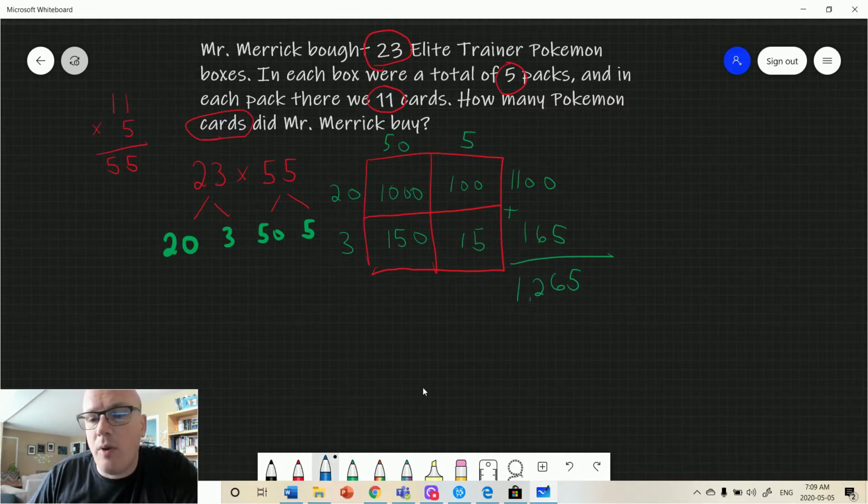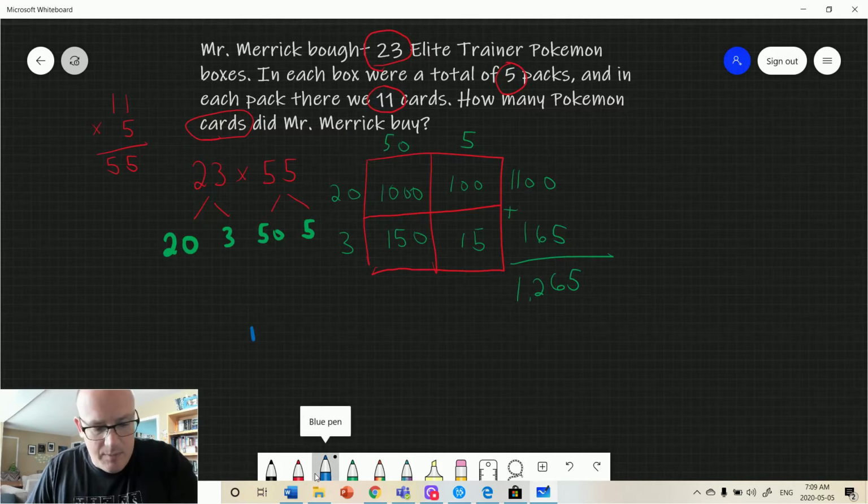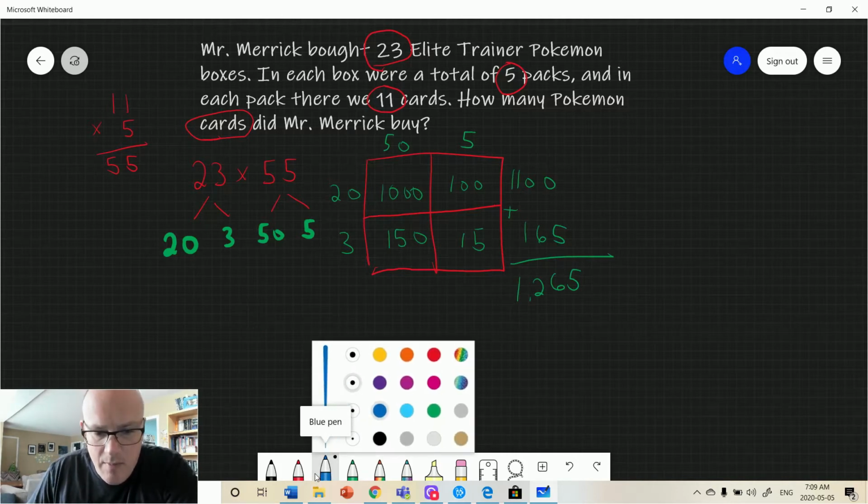But we're not done. If you remember, we've got to put it in a sentence. If we don't put it into a sentence with our answer, it's only part of the marks. So we could put, I don't like it when it's a thick pen like that. Makes my writing look even messier. Alright.